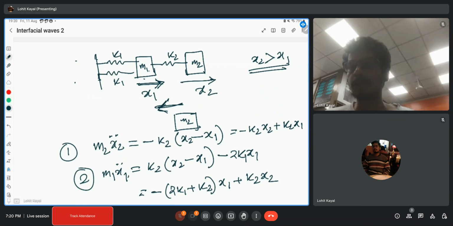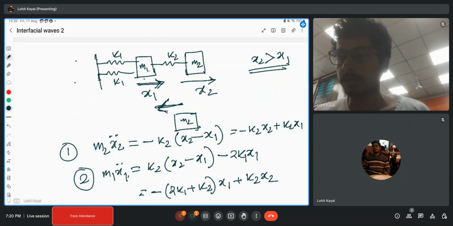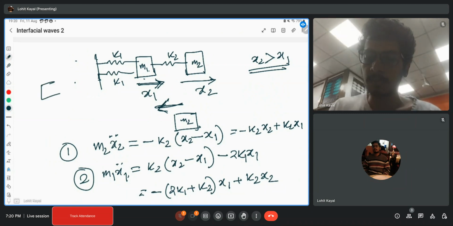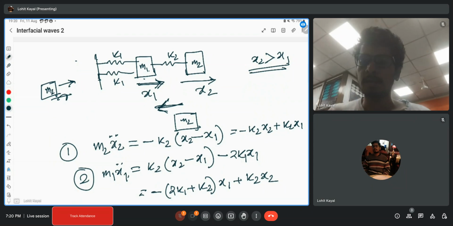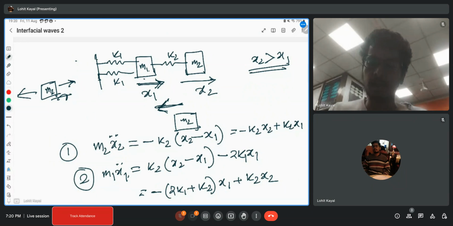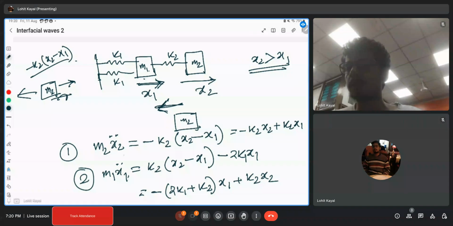Now you are told to find the governing equation for this. For mass m2, a force is applied as you have moved it by a small amount. The equivalent force, due to Hooke's law, will be minus k2 into (x2 minus x1). So I have written m2 x2 double dot equals minus k2 (x2 minus x1).